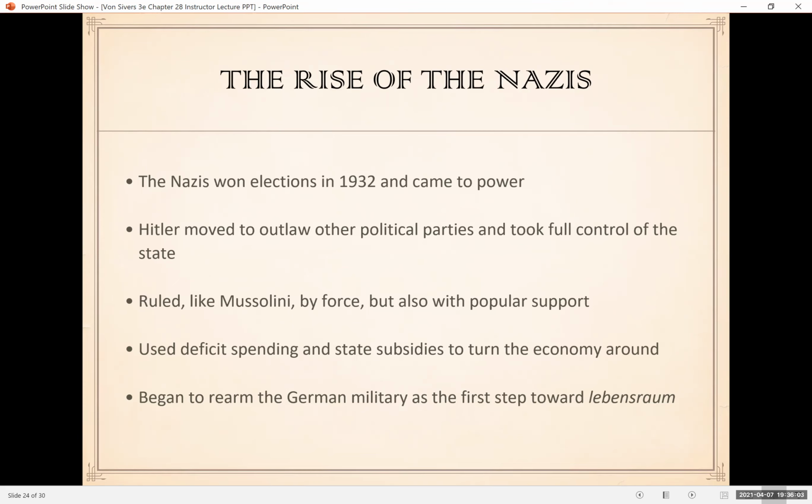And Hitler is arrested and sentenced to 2 years in prison. He spends 6 months in prison. And while he's in prison, he dictates his autobiography called Mein Kampf, which is German for my struggle.